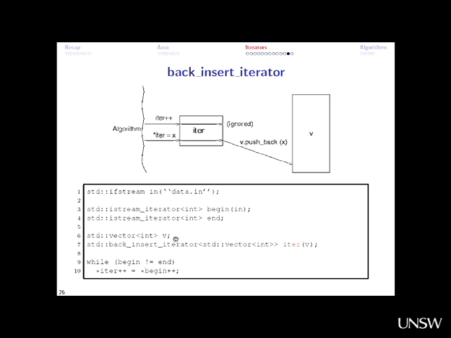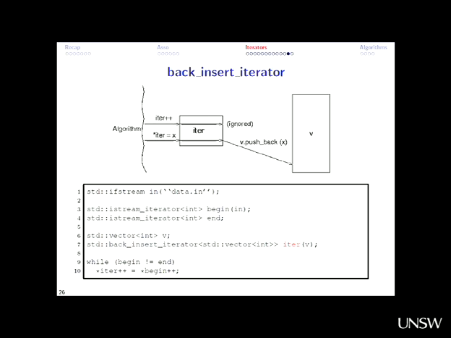Create then a vector with nothing in it. Then create a back insert iterator over that vector. And then while begin is not equal to end, so our input iterator is up here, this back insert iterator which you've got here, dereference that to the value that's in begin.